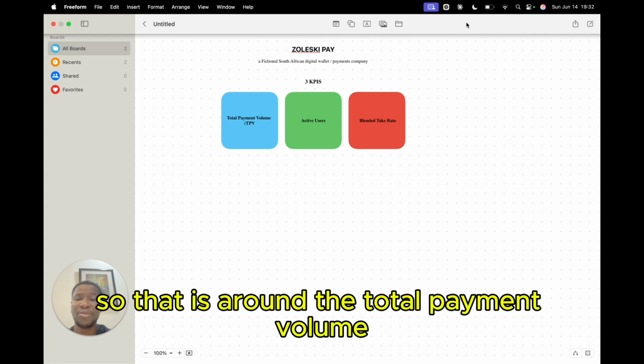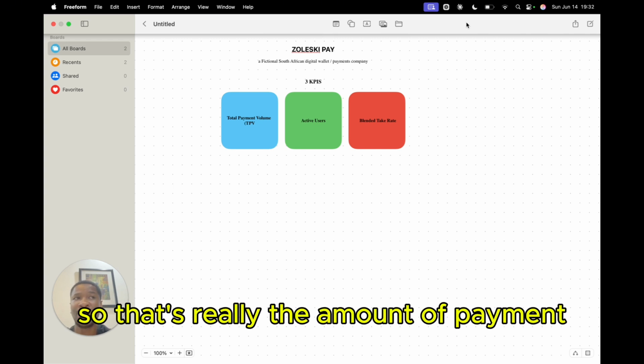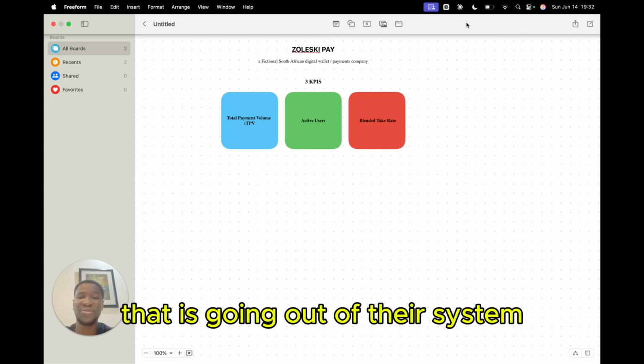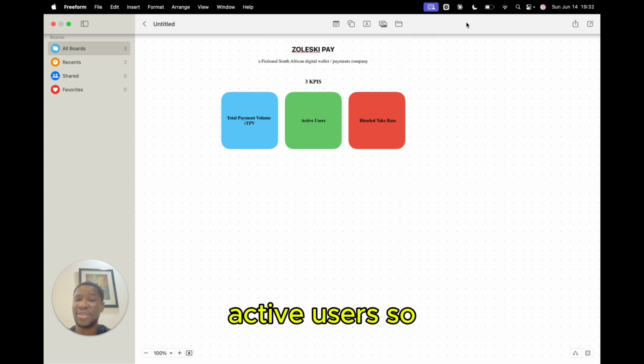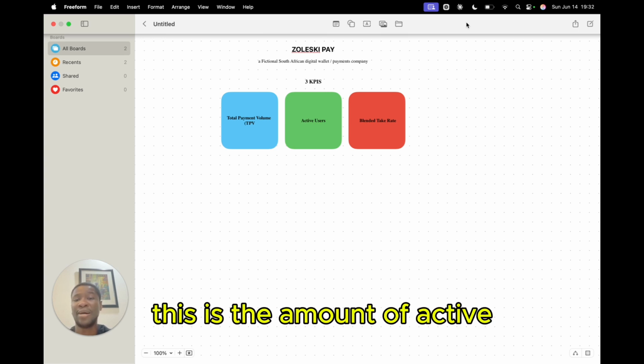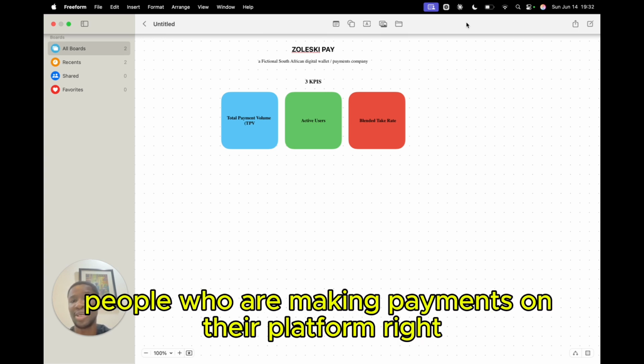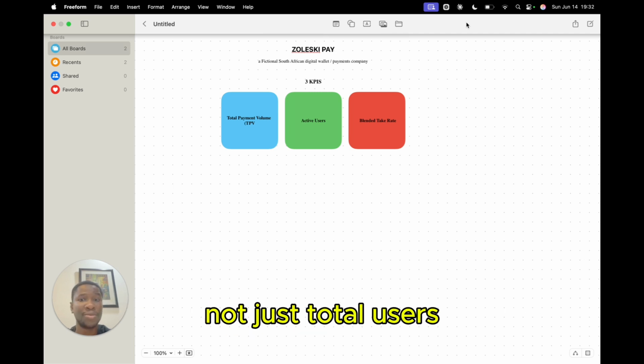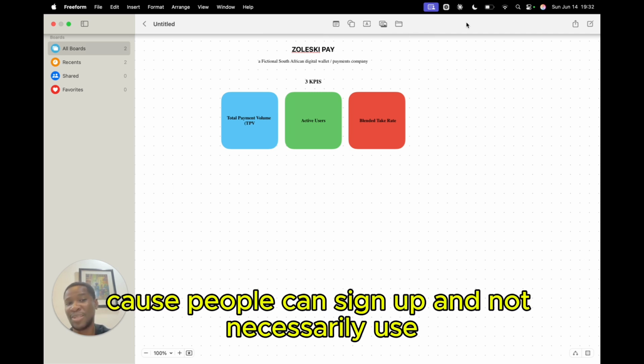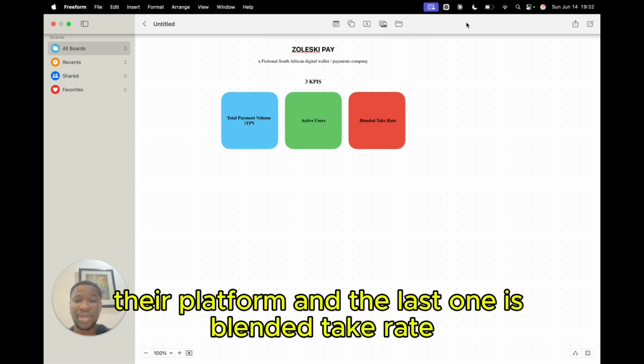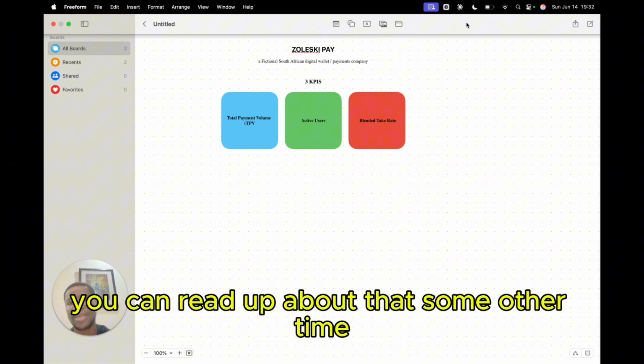So that is the total payment volume. So that's really the amount of payment that is going out of their system. Active users. So this is the amount of active people who are making payments on their platform, right? Not just total users, because people can sign up and not necessarily use their platform. And the last one is blended take rate. You can read up about that some other time.